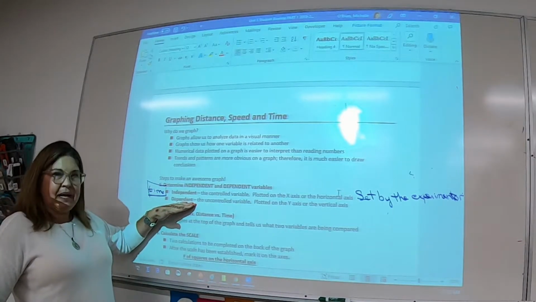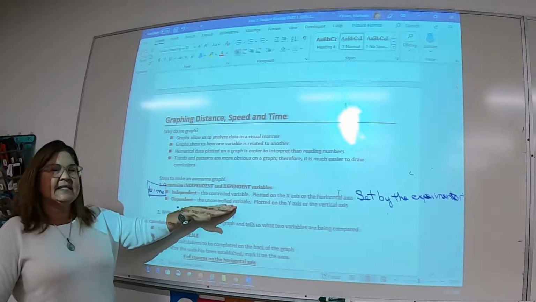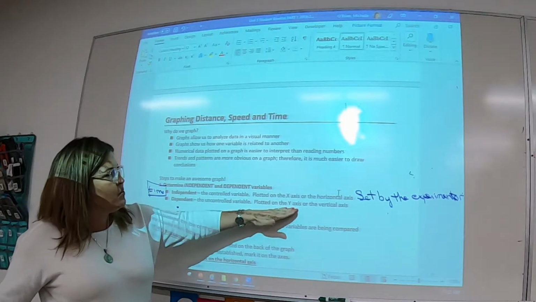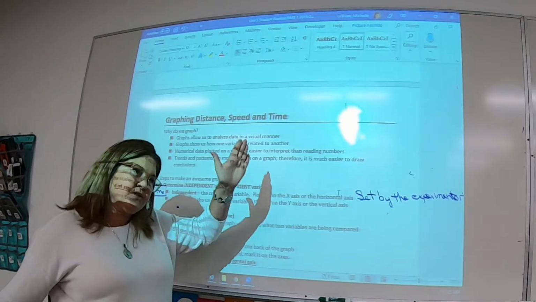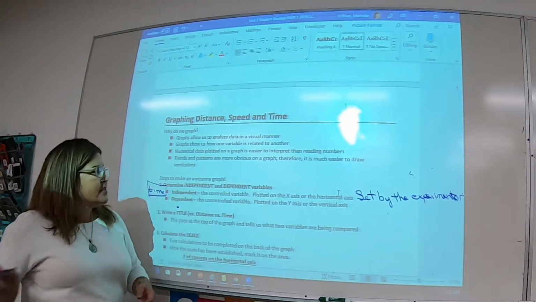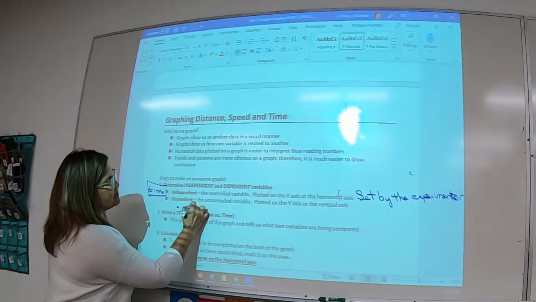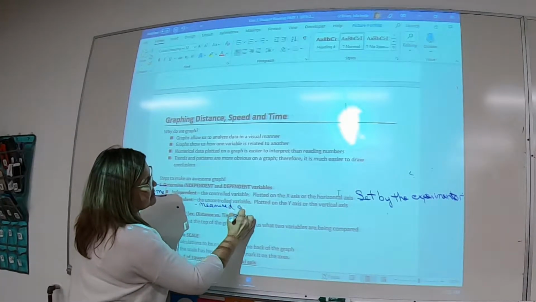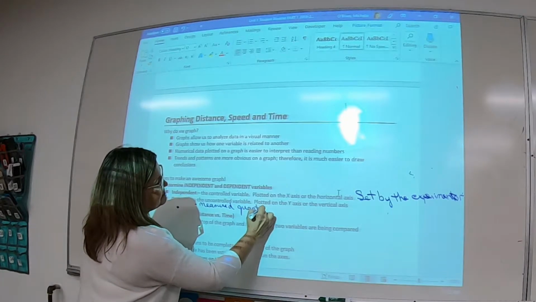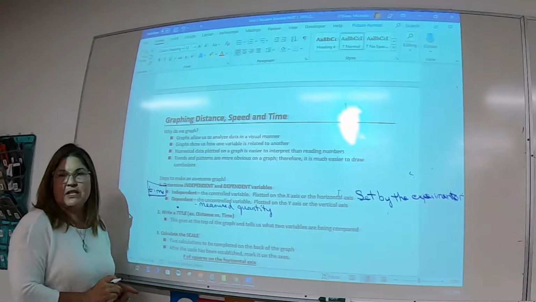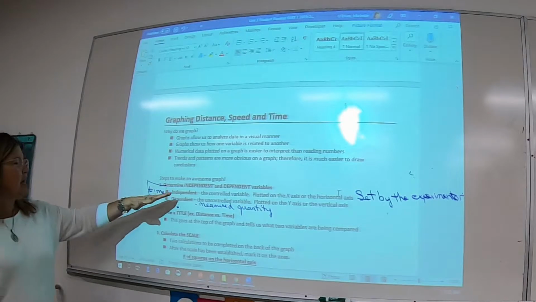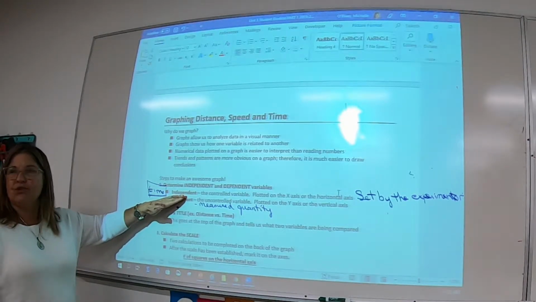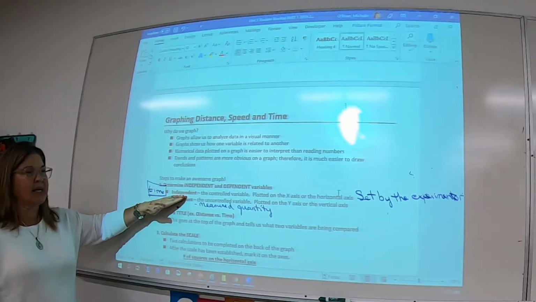Then we have a dependent variable. It is an uncontrolled variable. Okay? It is always plotted on the y-axis or the vertical axis. So this dependent variable is always the measured quantity. So what would happen here is maybe I'm going to measure the distance every 1 second.